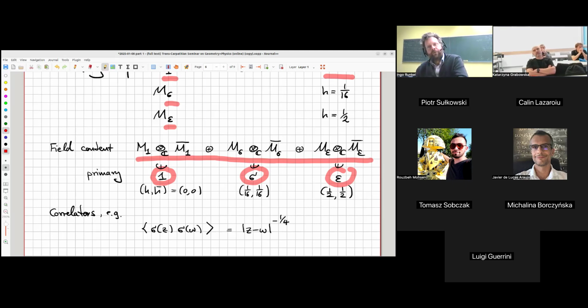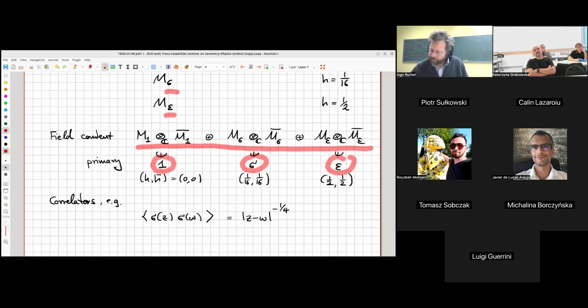Then I can use conformal field theory to compute correlators. 2-point functions are fixed by conformal symmetry, and I, for example, find that the spin correlator, I can just compute out of this 1/16 weight, and I find this. And then you can do more complicated ones.